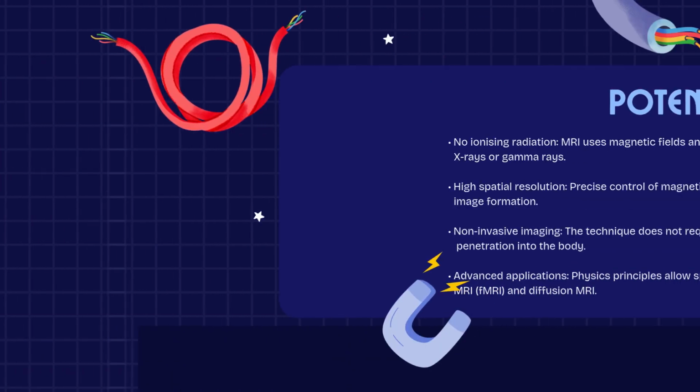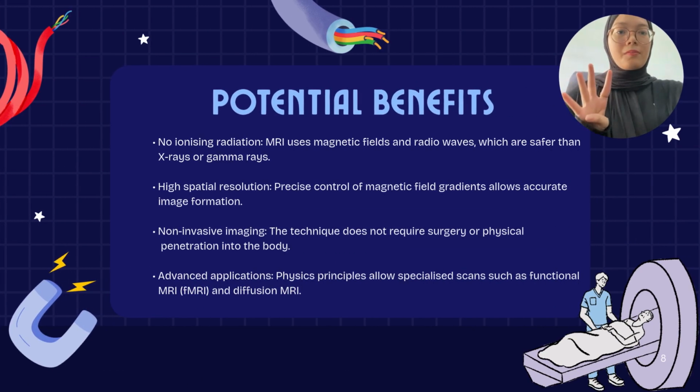We talk about the potential benefits. We have four potential benefits of MRI. First, MRI has no ionizing radiation, which means MRI uses magnetic fields and radio waves, which are safer than X-rays and gamma rays. Second, MRI has high spatial resolution, which means precise control of the magnetic field gradient allows accurate image formation.